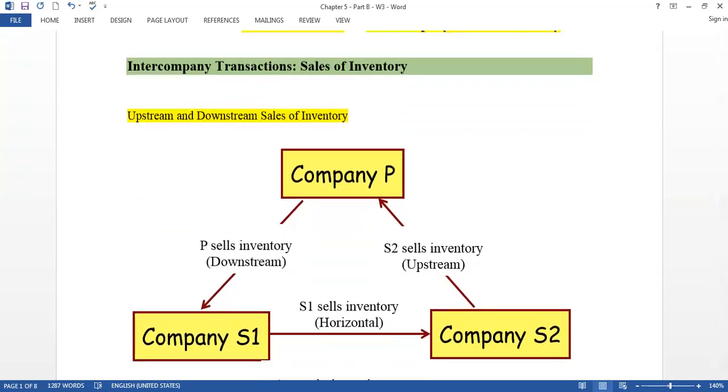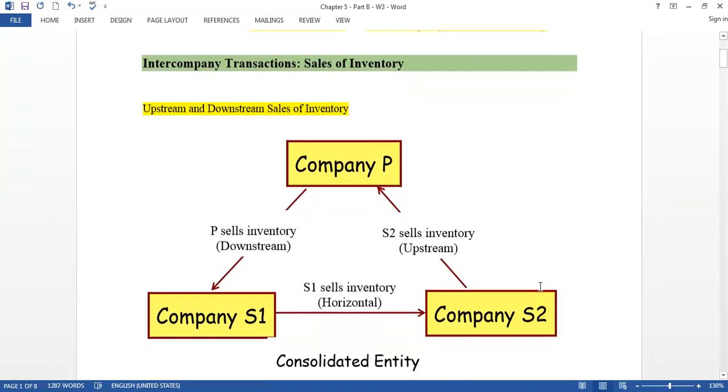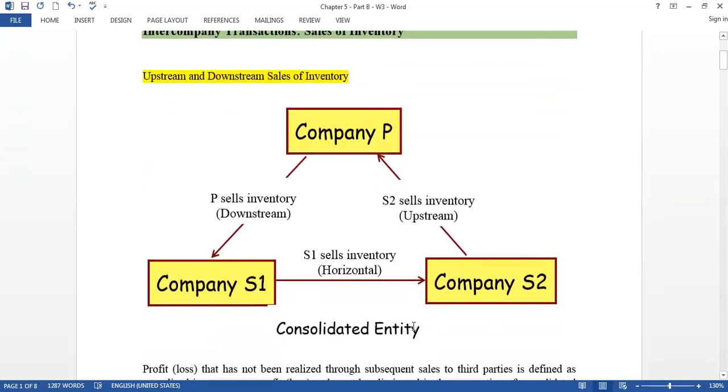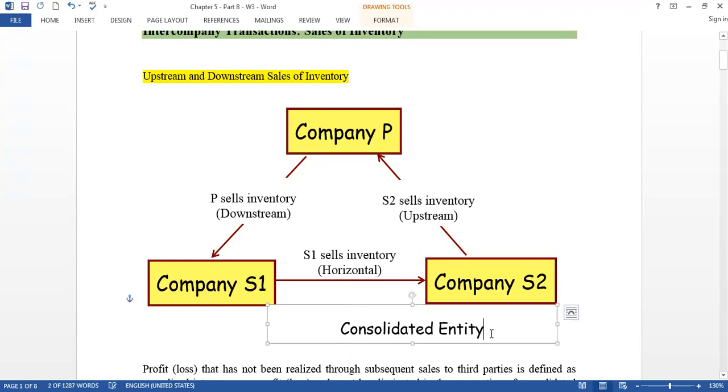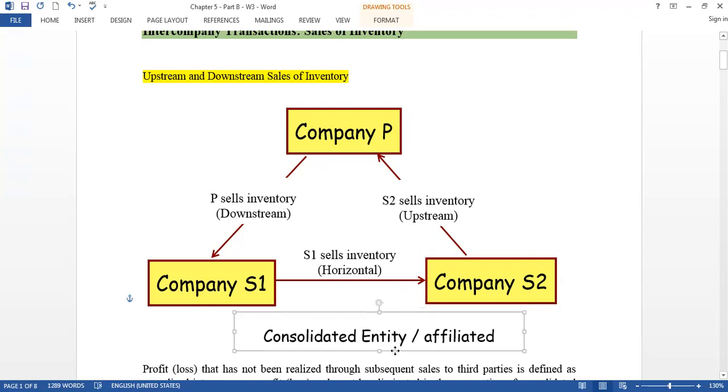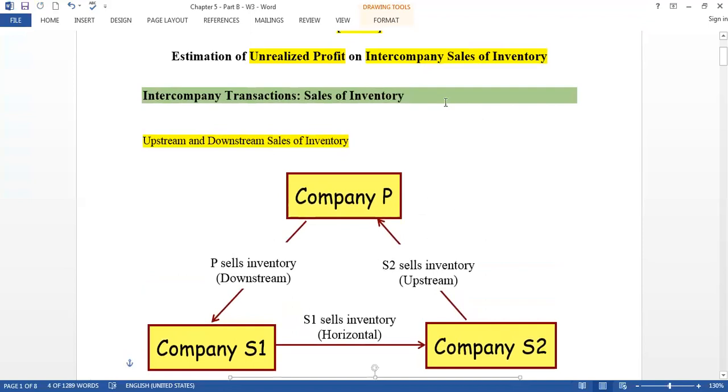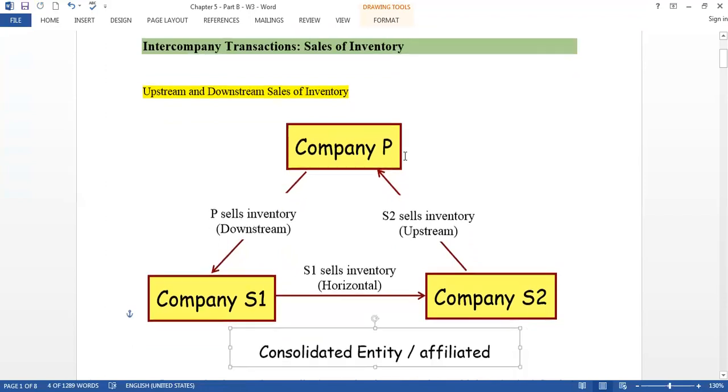Intercompany means the sales of inventory within the affiliated group. Another name of consolidated entity is the affiliated entity. If we have any unrealized profit within this affiliated group, how to handle this kind of profit in the consolidated financial statement, we are going to learn.